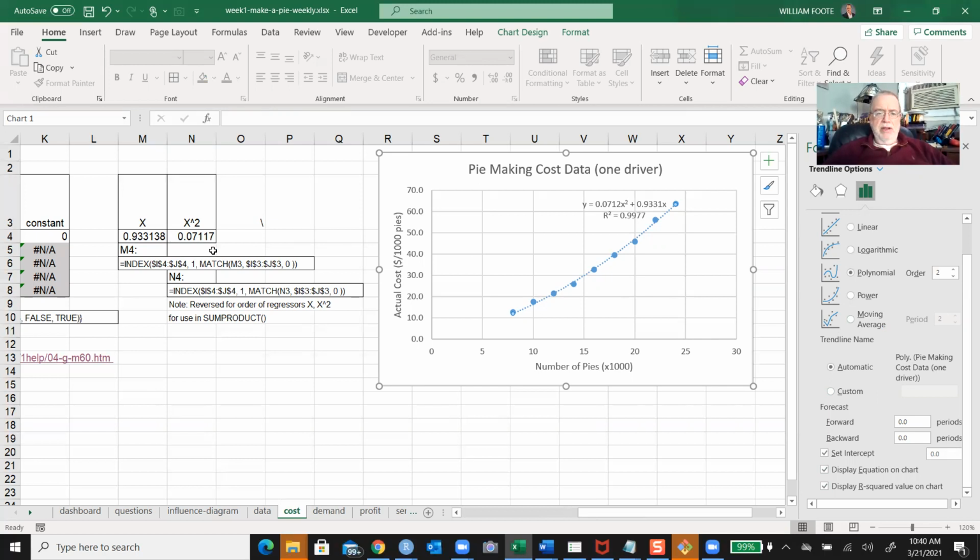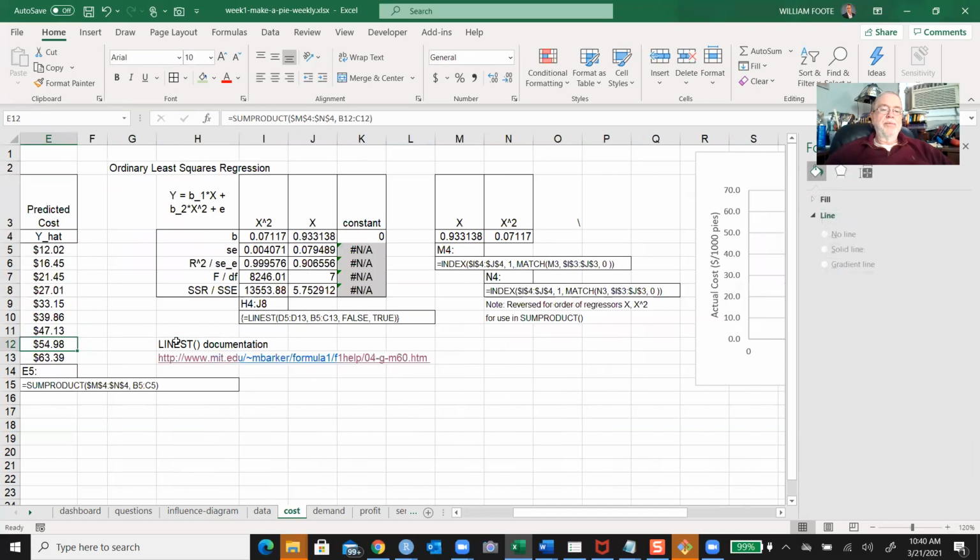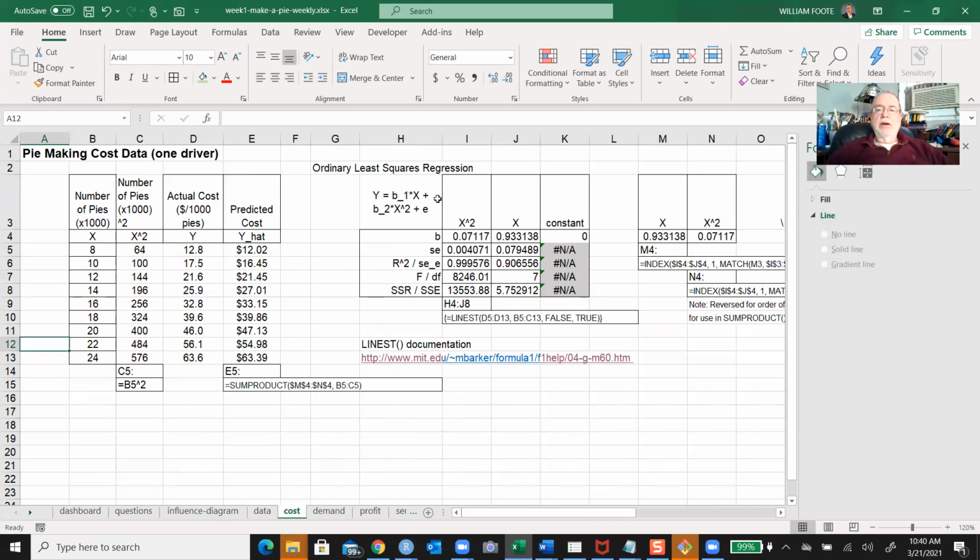So I just want to go into that for a brief moment and talk about the equation that's being estimated: y, which is actual cost per thousand, depends upon how many pi's and how many pi's squared, plus an error term, yes.